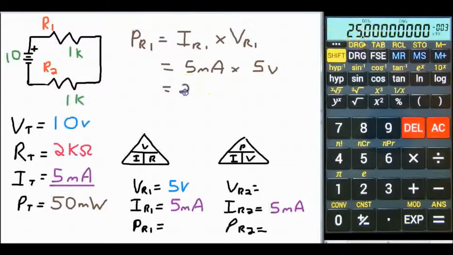So I'll put 25 here. And we have here 10 times -3, and that is milli. So this becomes milli, and it's power, so it is watts. So down here in our answer key, we have 25 milliwatts.